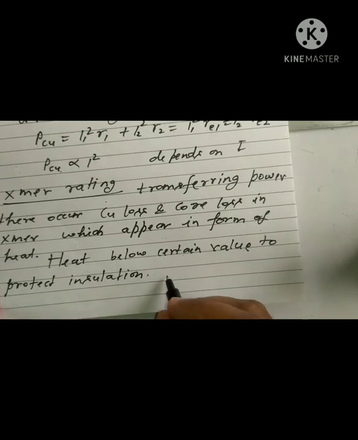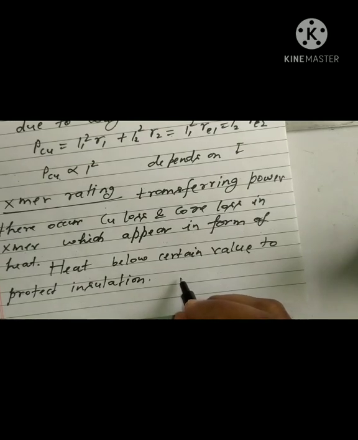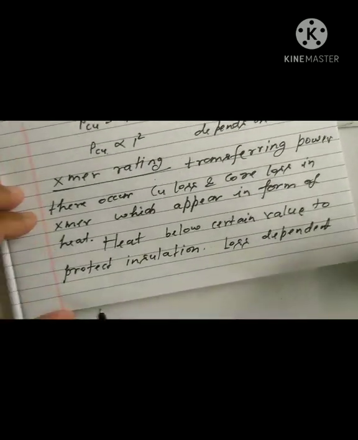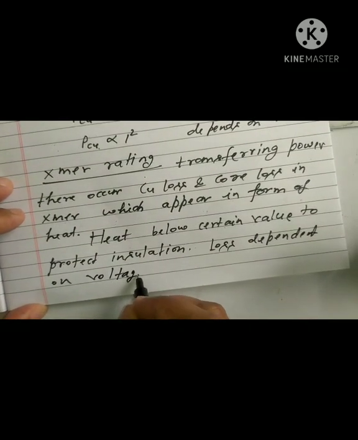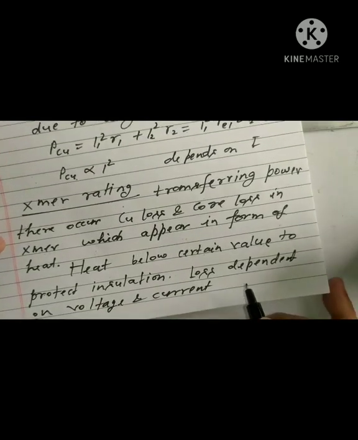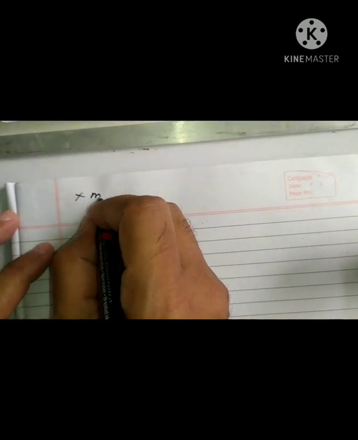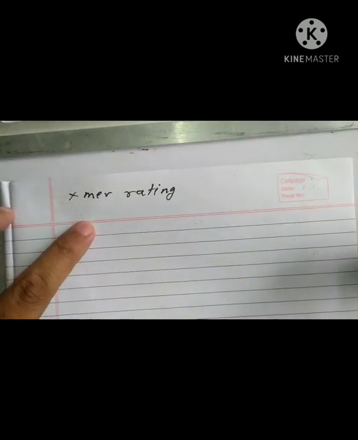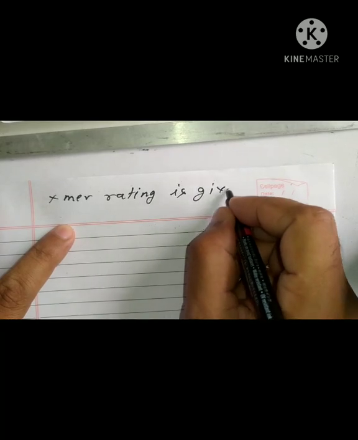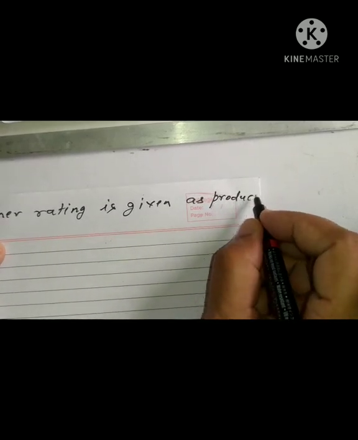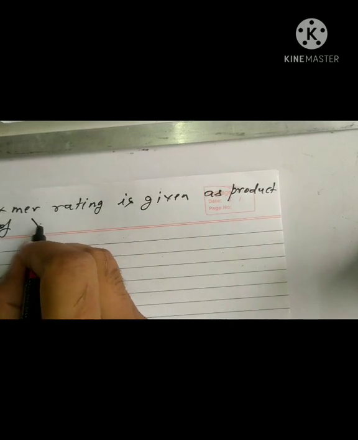So as these losses are dependent on voltage and current, therefore transformer rating is given as product of voltage and current.